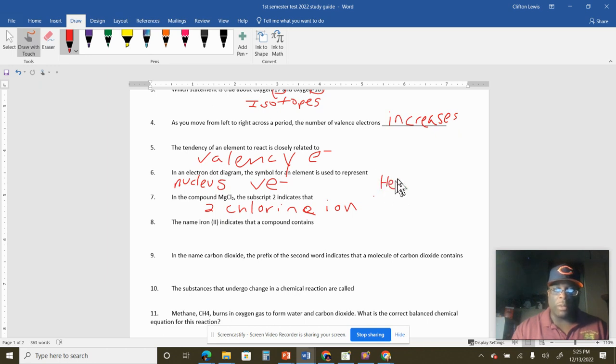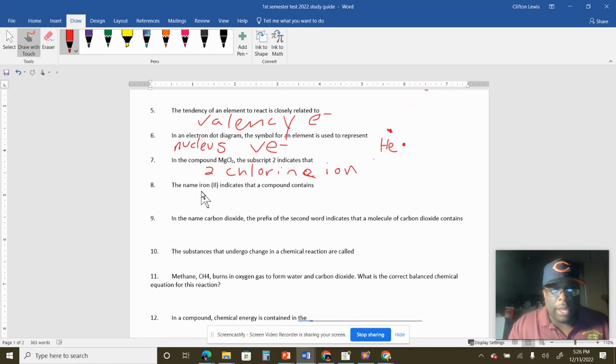We're just going to put helium there, protons and the valence electrons around there in the Lewis dot diagram. All right. So the name iron 2 indicates that it wants to give away two electrons, so it has a charge of 2 plus.